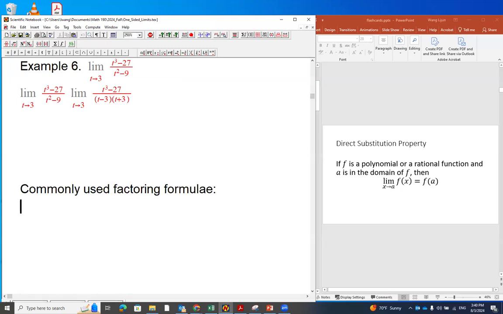One of them is, of course, a squared minus b squared equals a plus b times a minus b. This is a very useful formula. That's what we use, because t squared minus 9 is t squared minus 3 squared.